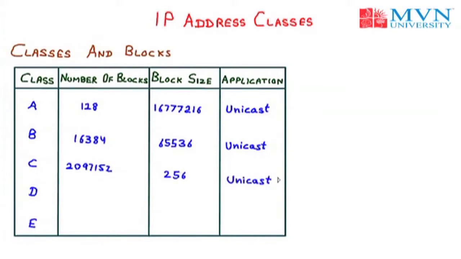Next we have class D, whose number of blocks is a single one and block size is 268435456. This is basically used for multicast.